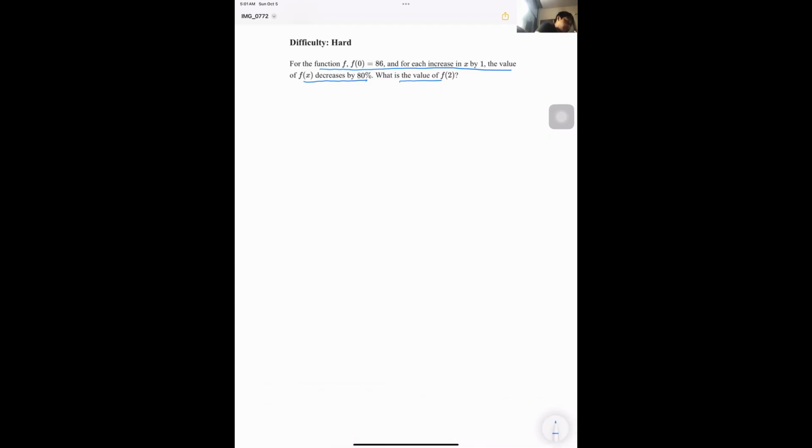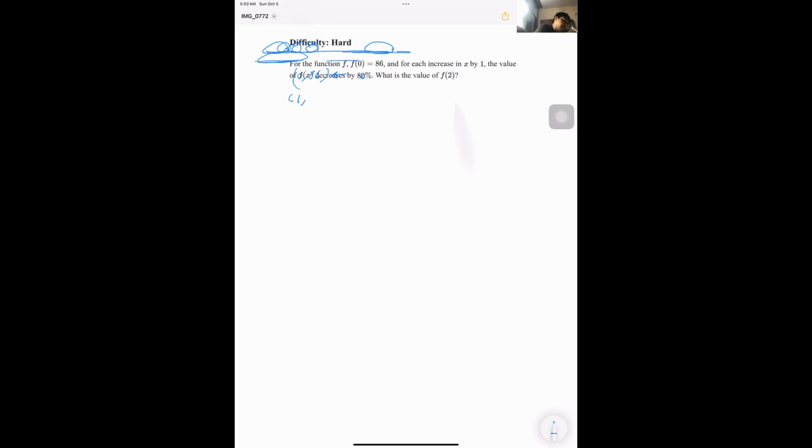For the function f(0) is equal to 86, so it is (0, 86). That's a coordinate for the function f. For each increase in x by 1, the value of f(x) decreases. So when x is 1, the value decreases by 80%.